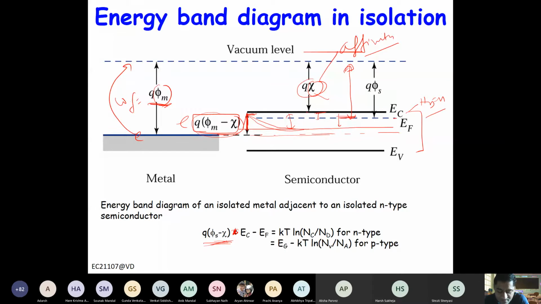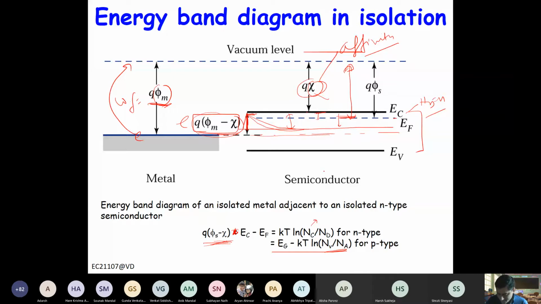So EC minus EF will be KT log NC by ND, right? NC is the effective density of states. And that can also be written as Eg minus KT log NV by NA for P type. Because for P type, Fermi level will be near the valence band.